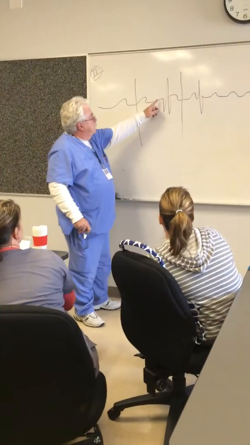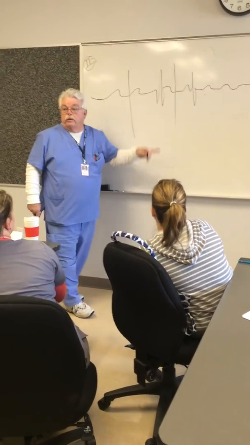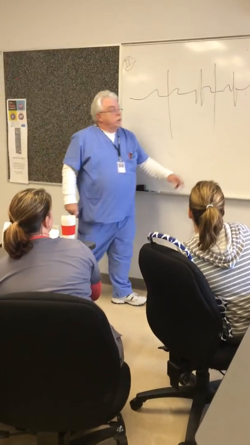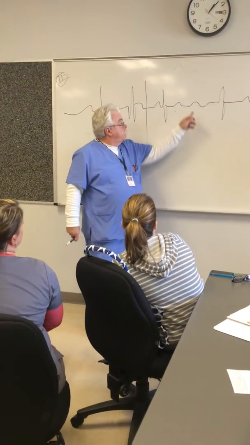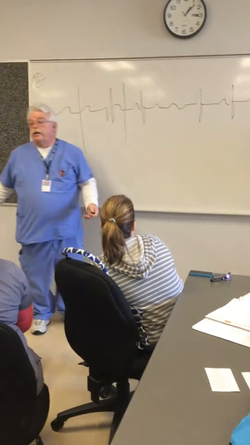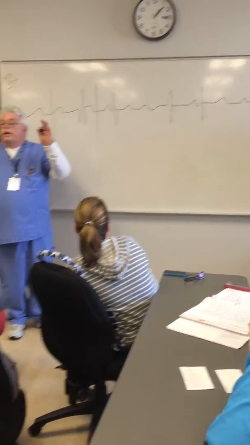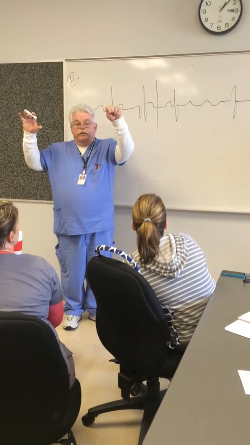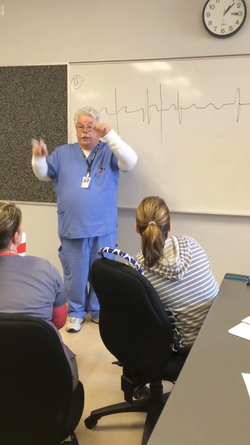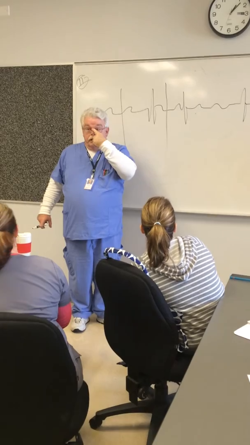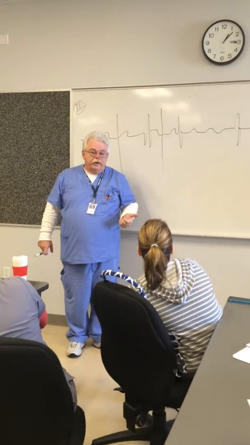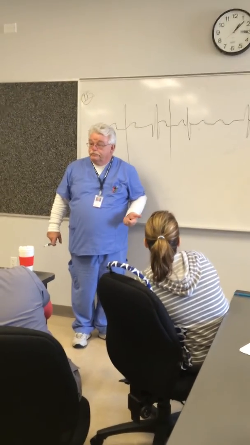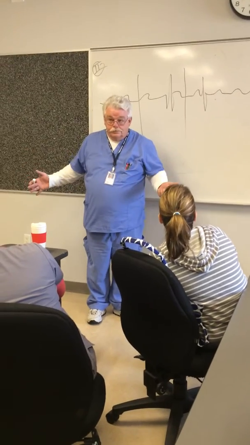Some of them cause a QRS, and some of them don't. This one's causing nothing. Here's a QRS without a P. Everybody's doing their own thing. The atria are doing their own thing, and the ventricles are doing their own thing. That's a third degree block. If P's and Q's just don't agree, then you have a third degree.